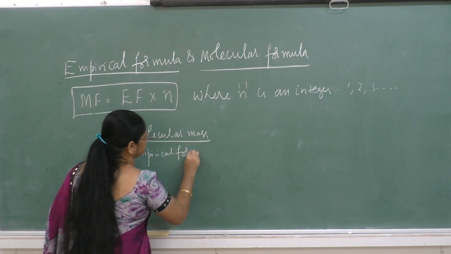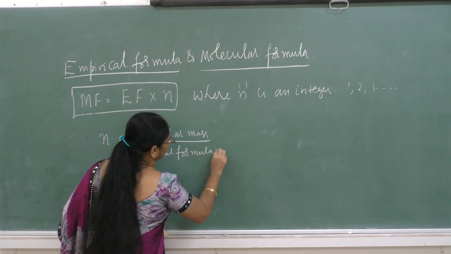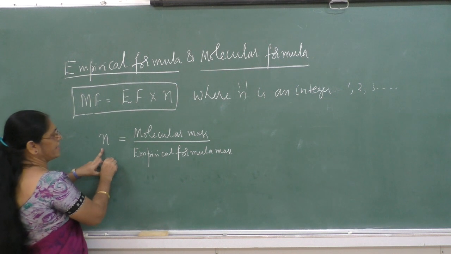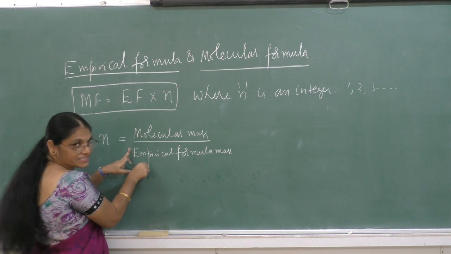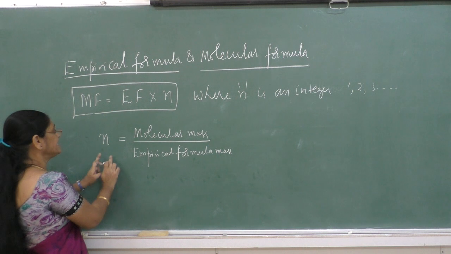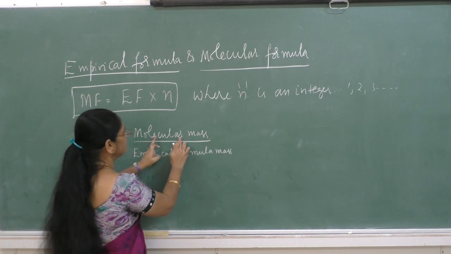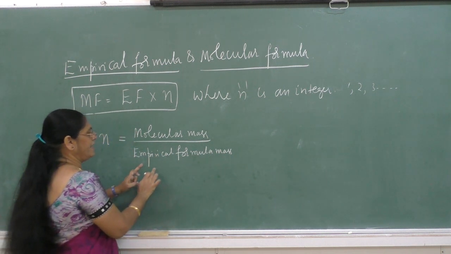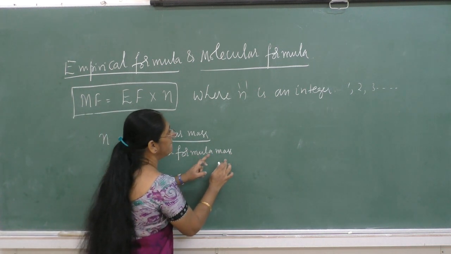The value of n can be calculated with this relation: n is equal to the molecular mass of the given compound divided by the empirical formula mass.